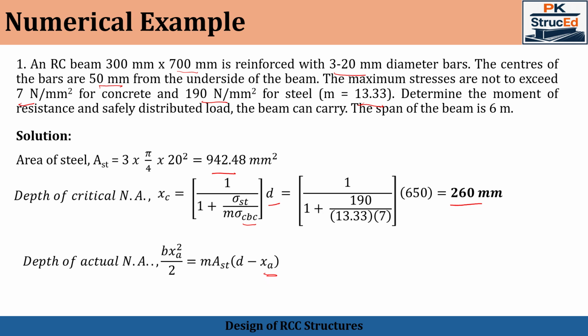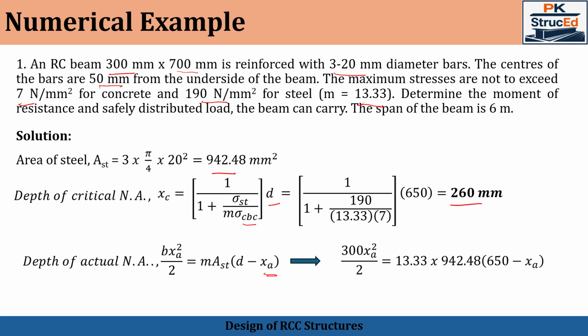All the values are known except xa: b is the width of the section, given as 300 mm, m is the modular ratio 13.33, AST is calculated as 942.48, and d is 650, which has already been calculated. Using these, we get a relationship in terms of xa.